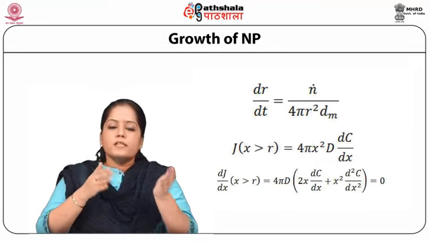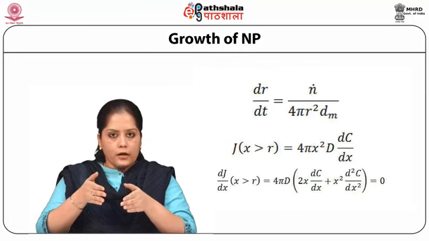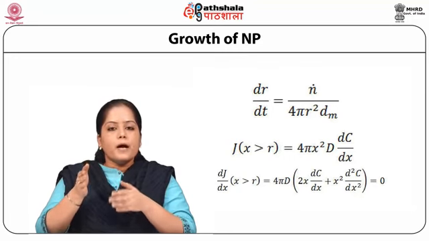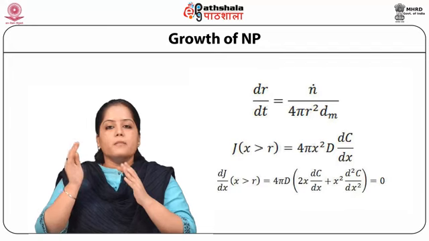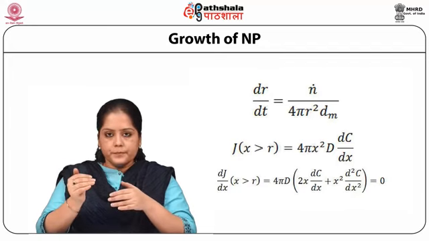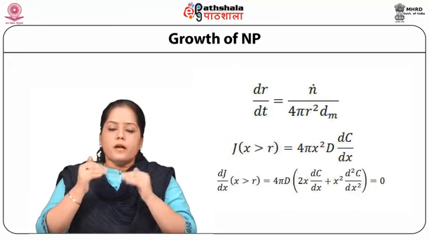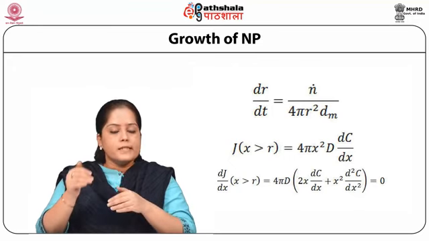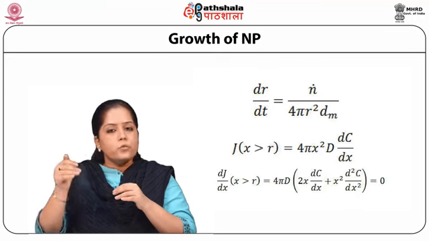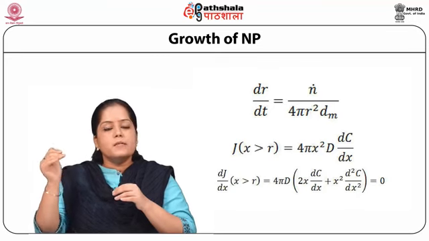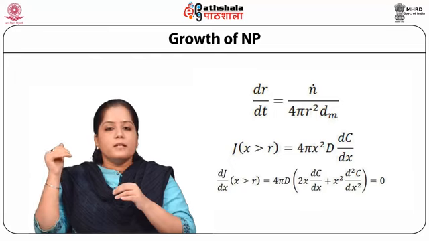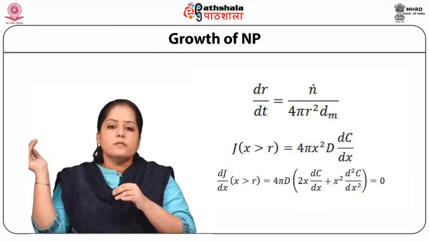So J as a function of x greater than r equals 4πx² D multiplied by dc/dx. So dJ/dx for x greater than r equals 4πD multiplied by (2x dc/dx plus x² d²c/dx²) equals 0.